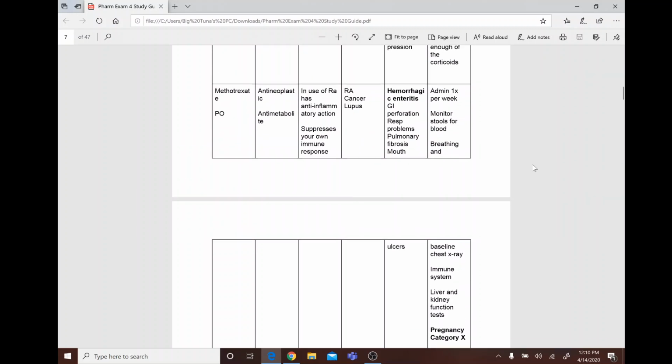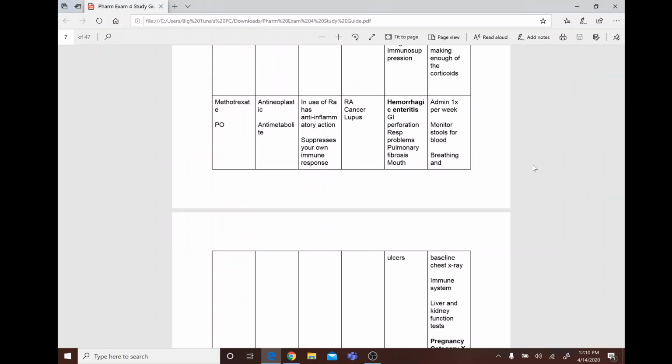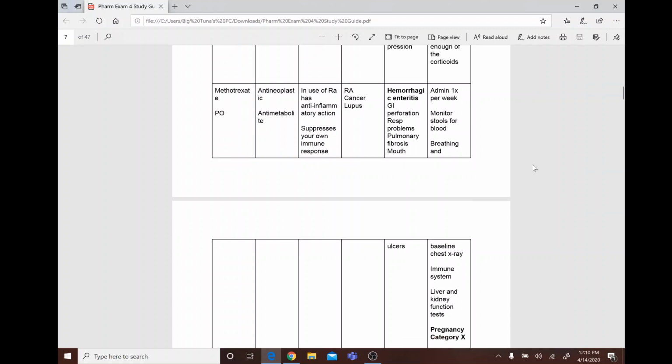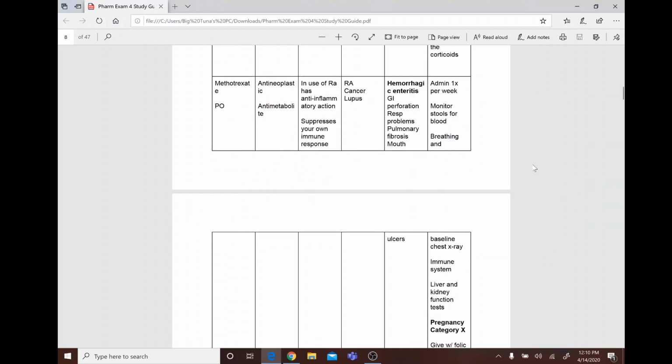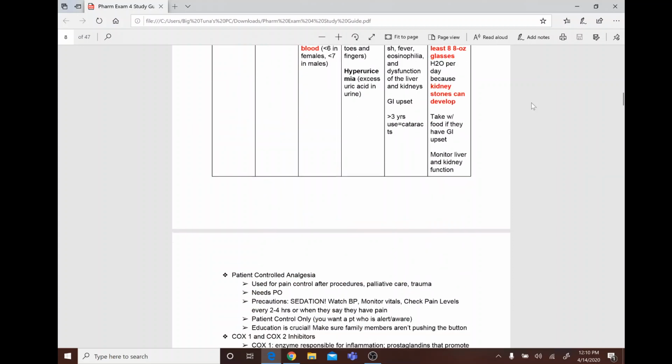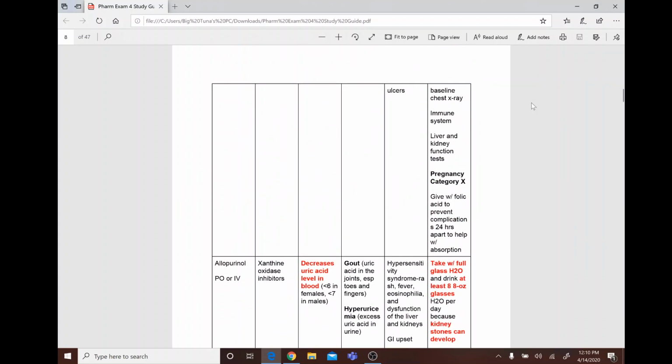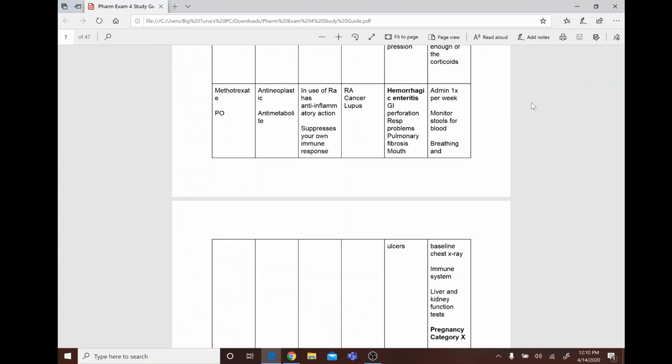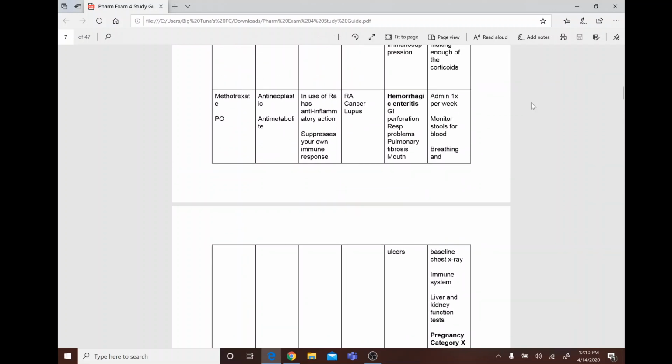What is the action of methotrexate? For RA, it has an anti-inflammatory action and it suppresses your own immune response. What do we use methotrexate for? RA, cancer, and lupus.